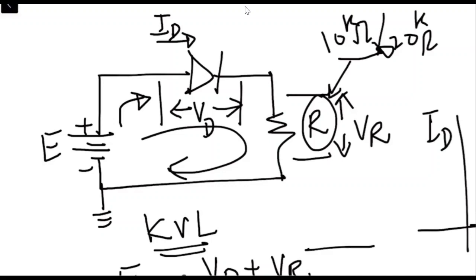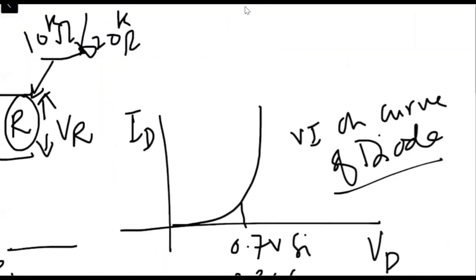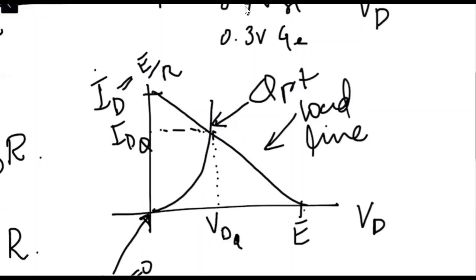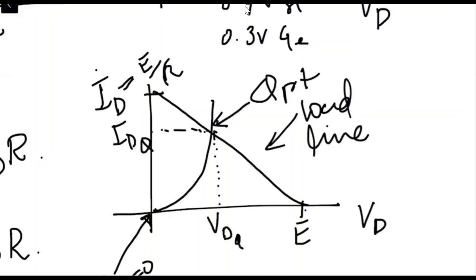So if the value is going to increase over here, what is going to happen to the slope of this line? It will change, right? Because if the value of this R is going to increase, this total amount is going to decrease.